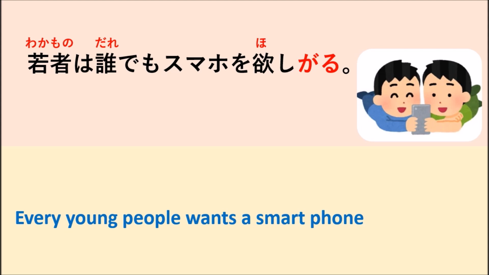You see hoshii, but here they cut out the i, so we see only hoshi, no i. After that they put garu. So this is the grammar that you have to remember when you use garu. So the sentence says: wakamono wa dare demo sumaho o hoshigaru.